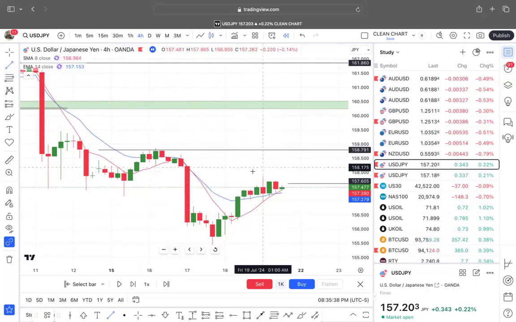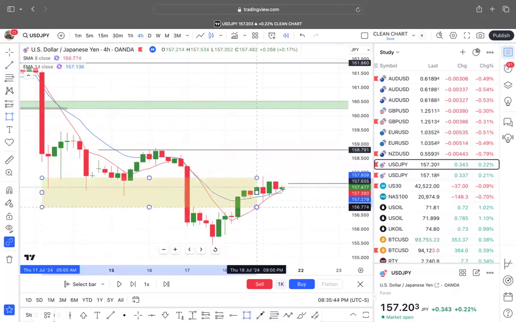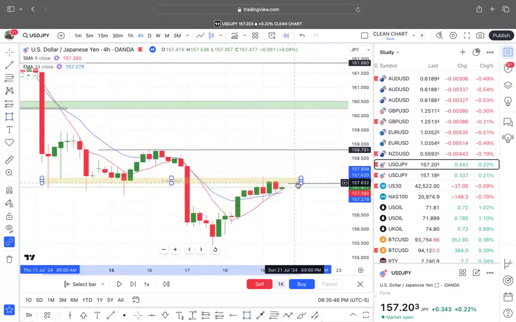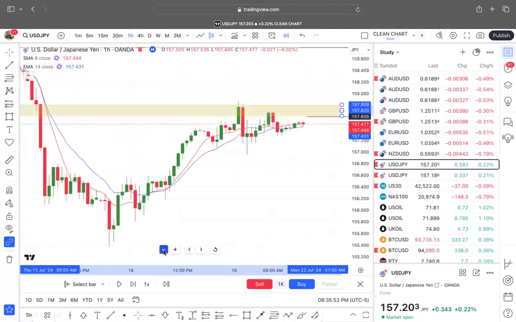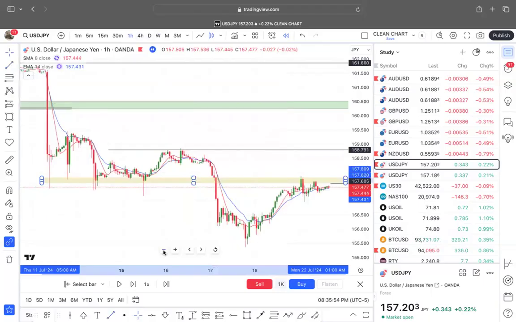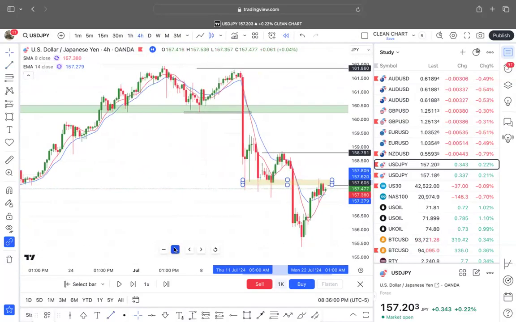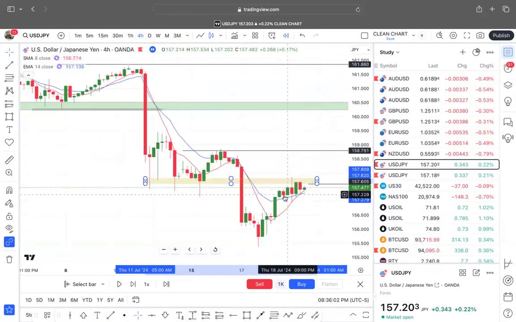This is clearly on the 4 hour retesting this area of support, which is now becoming resistance. Sometimes when life is happening or we're looking in real time, it's really hard to tell. Especially looking at that 4 hour candlestick, it was kind of confusing because it's making higher highs on the bottom end.